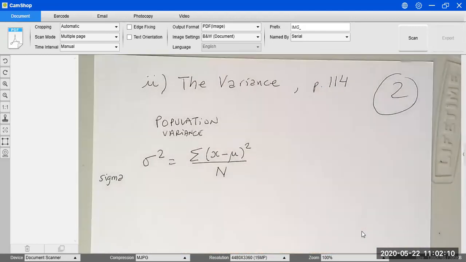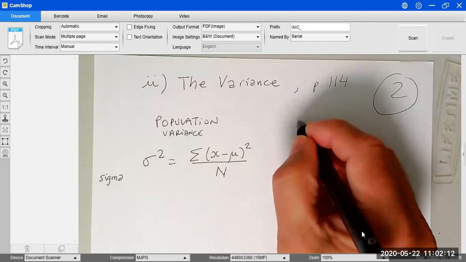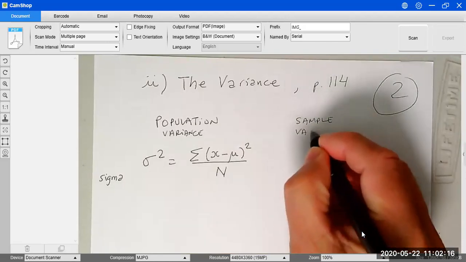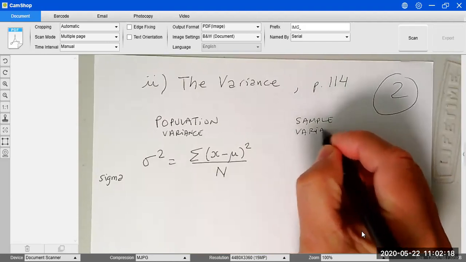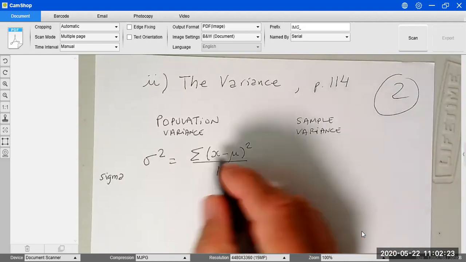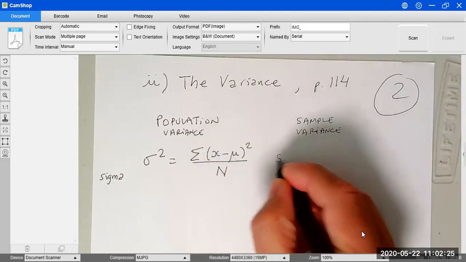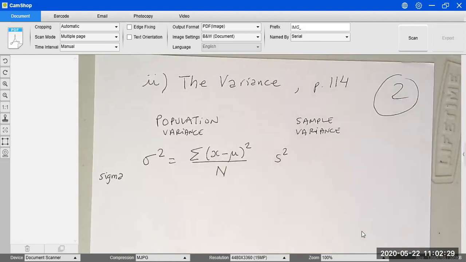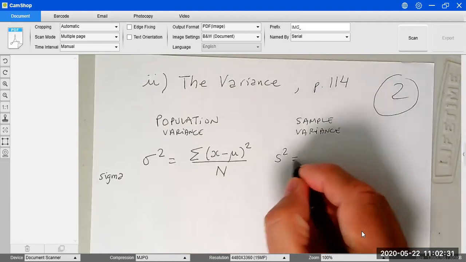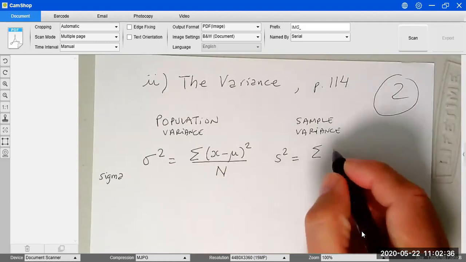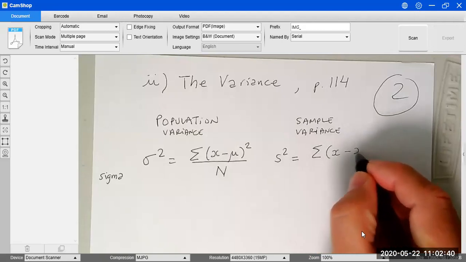Then we divide that by the size of the population. Remember, we use capital N for the size of the population. We also have a formula for the sample variance, which is slightly different. First, we use lowercase s squared for the variance of the sample, and it's also the difference between every value and the corresponding mean of the sample.